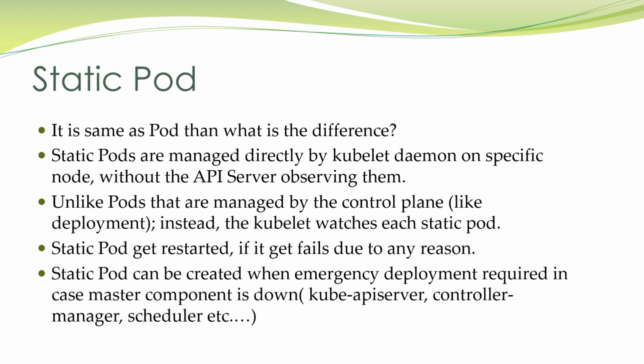By now we know that to create a pod, you need the details of the pod in a definition file. But how do you provide a pod definition file to the kubelet without the kube API server? This is the important thing: the kube API server is down and we are not passing any information to it.